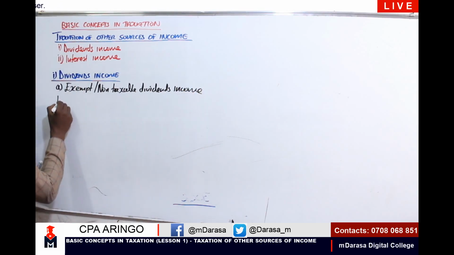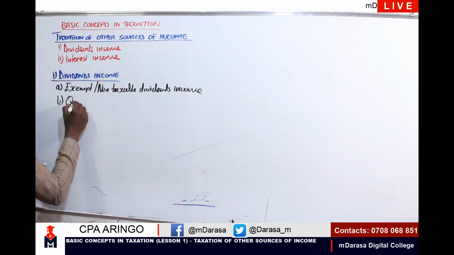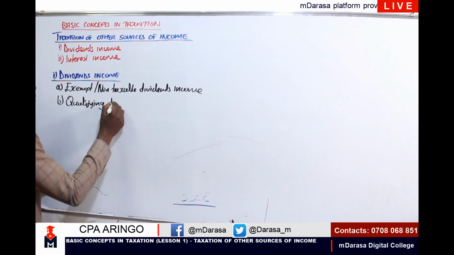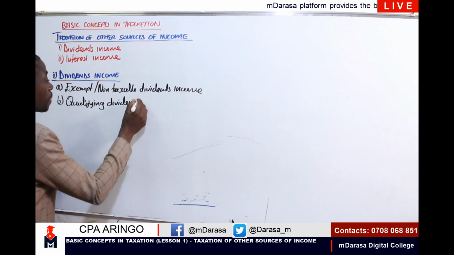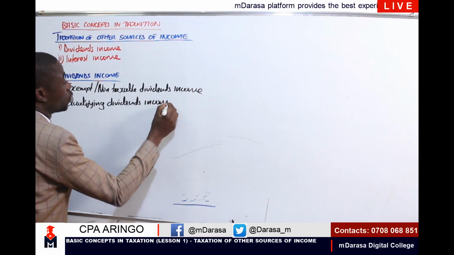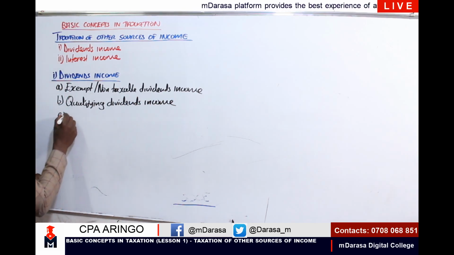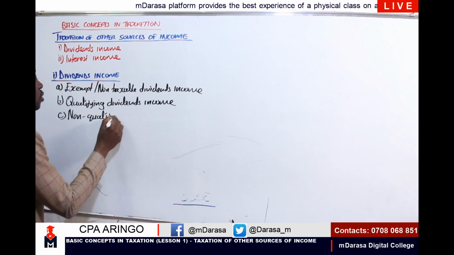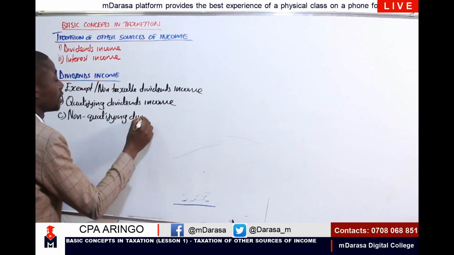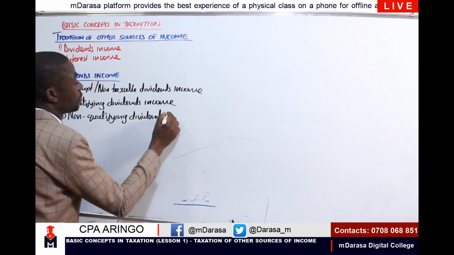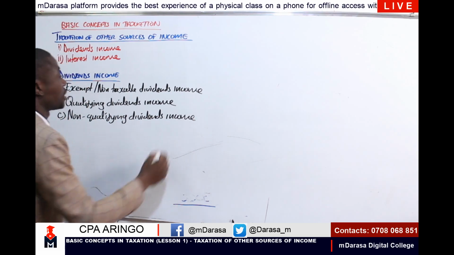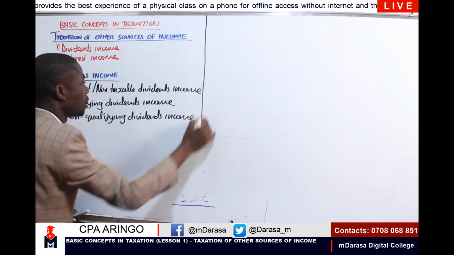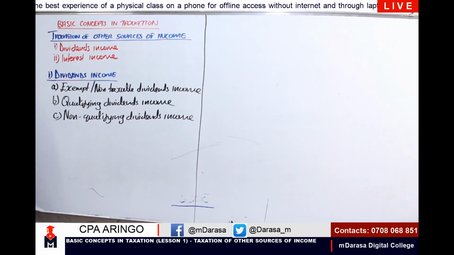Number B, qualifying dividends income. Then number C, non-qualifying dividends income. So basically, these are the three categories of dividends that you normally tend to talk about. That is, of course, qualifying, non-qualifying, and exempt.